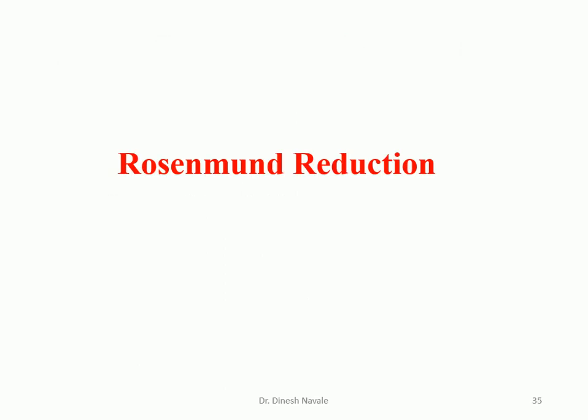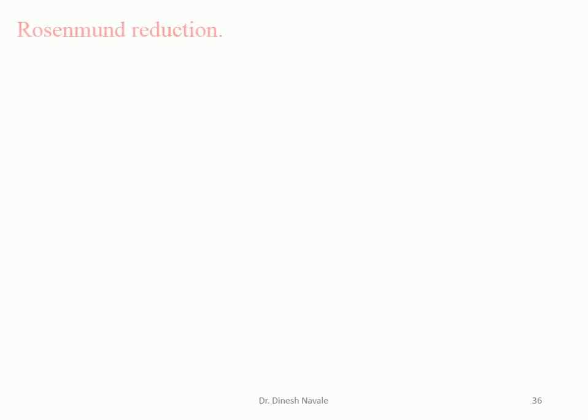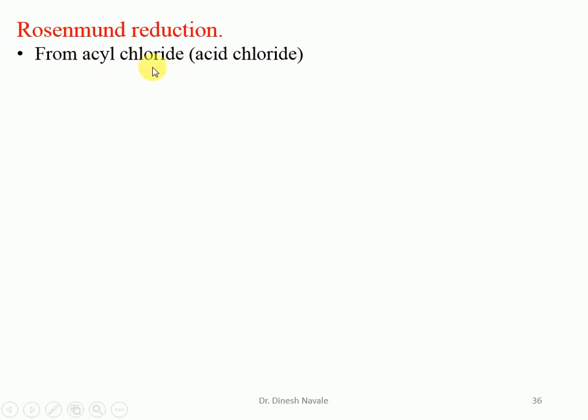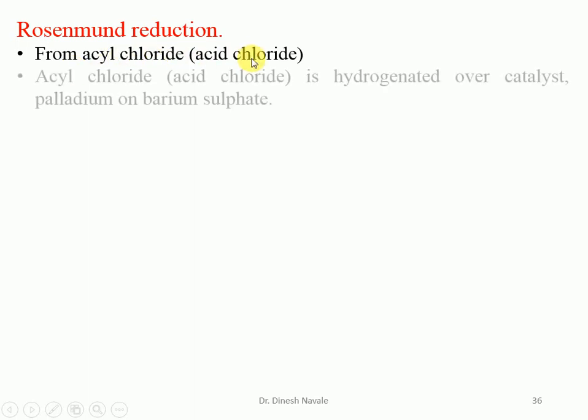Now in the next step we are going to see the preparation of aldehyde and ketone by using the Rosenmund reduction reaction. So what is a Rosenmund reduction? In the Rosenmund reduction reaction, the starting material will be the acyl chloride, which is also called what? Acid chloride.